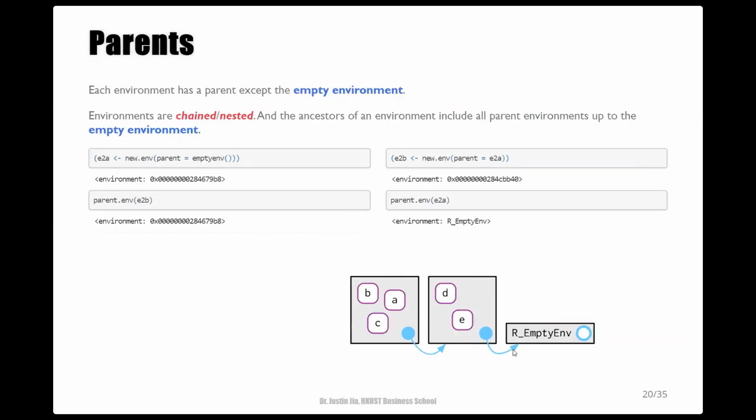The parent of an environment can be accessed with the parent environment function. And if we call this parent environment function with E2A, you can see the empty environment is printed as a special string.